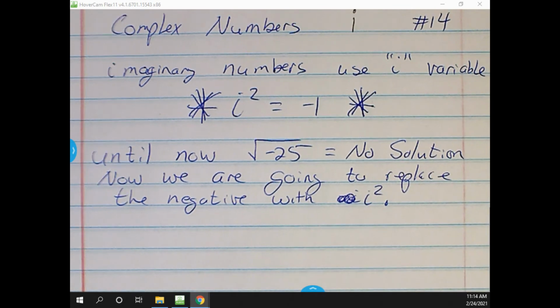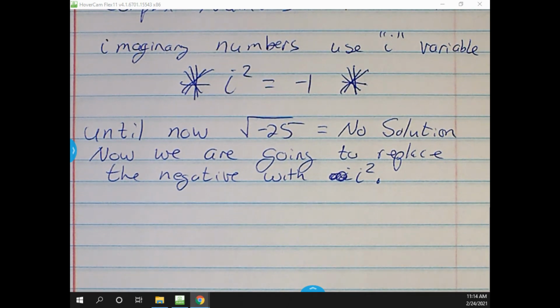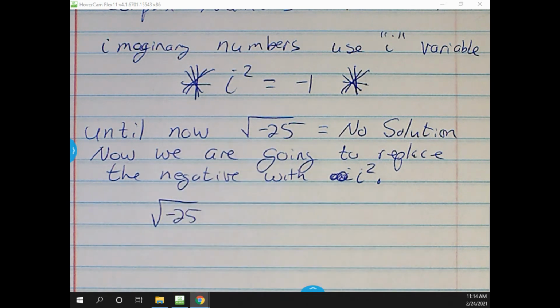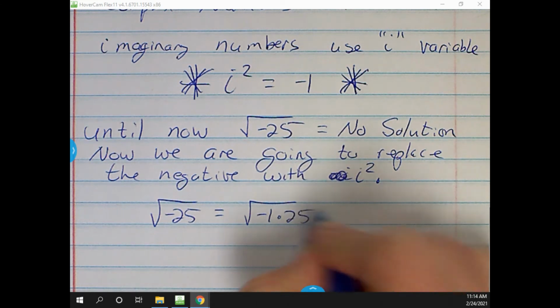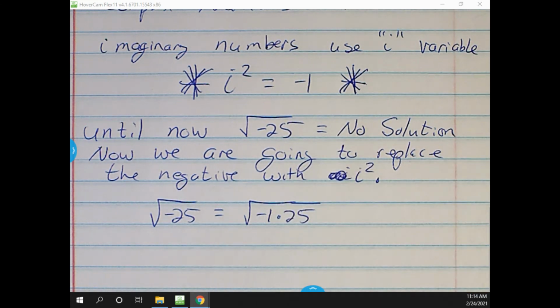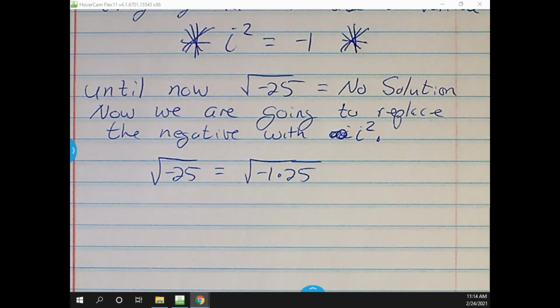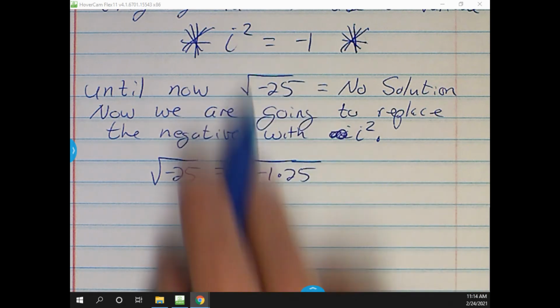It's actually a two-step process to get there, so we'll do the first one this way. After this, we won't do it like this. But technically, if we took the square root of -25, you could rewrite that as the square root of -1 times 25. Then once we've got the -1 here, we can take this -1 and replace it with i squared.